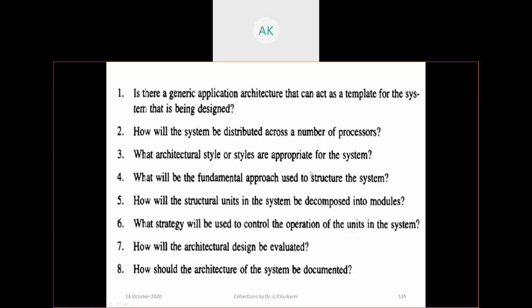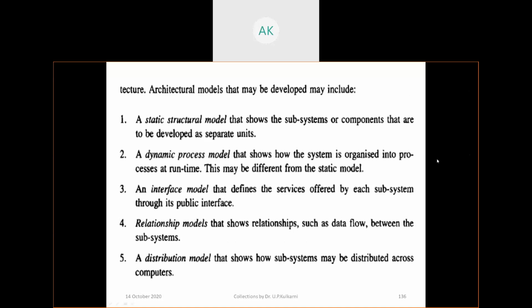Many things it speaks about. When you talk about architecture models, there could be a static structural model, a dynamic process model, an interface model, a relationship model, a distribution model. Different people talk about that.